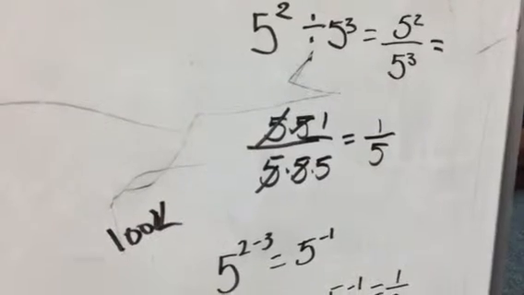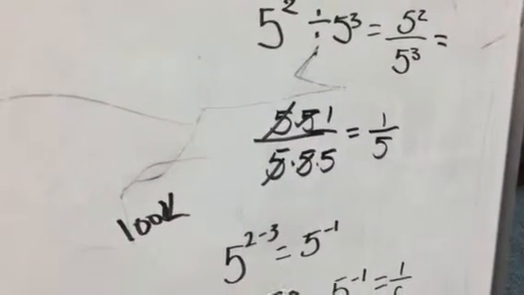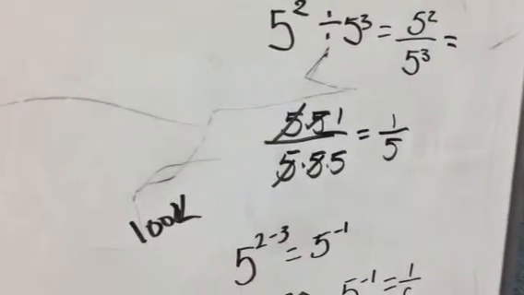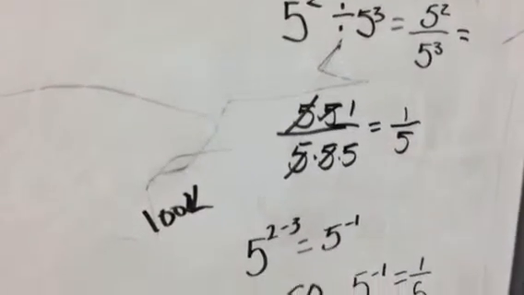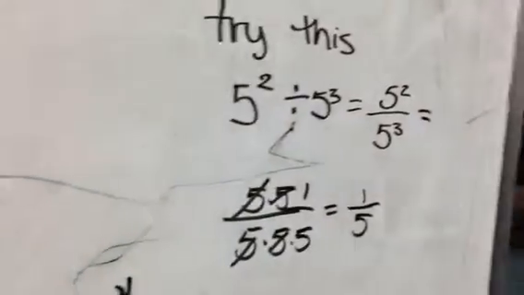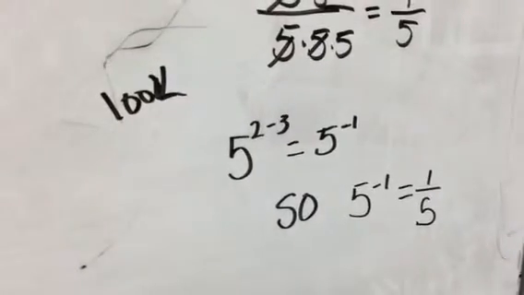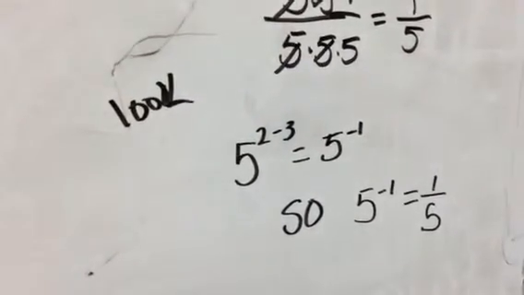Let's just look at it with exponents, the rules that we just used. If we did 5 to the 2 minus 3, we're going to get 5 to the negative 1. So here's what we just said. That equals 1/5. So here you go. 5 to the negative 1 equals 1 over whatever the base is. Here's the property. It's called the negative exponent property.